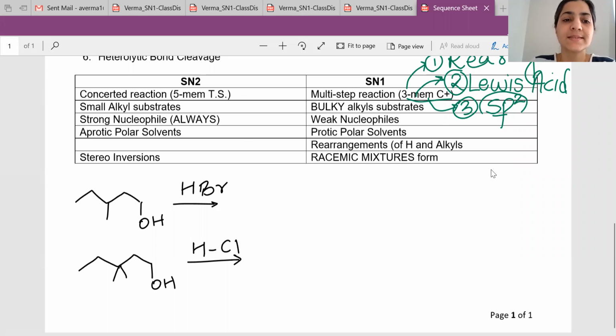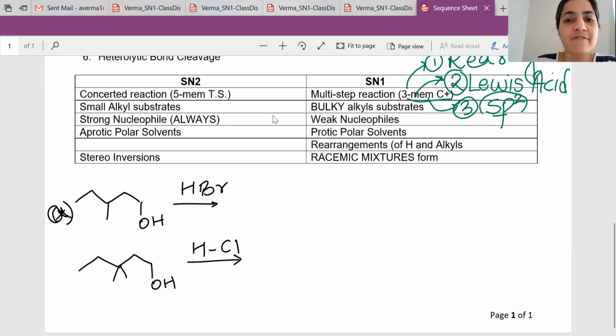Once you have recognized that a given chemical reaction is SN1 in nature, you will be expected to draw the products of that reaction. We have seen that this substrate is a primary substrate, which should have been an SN2 reaction. But what you have on hand is not a very strong nucleophile.